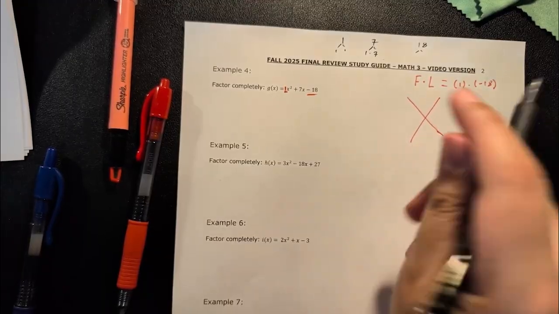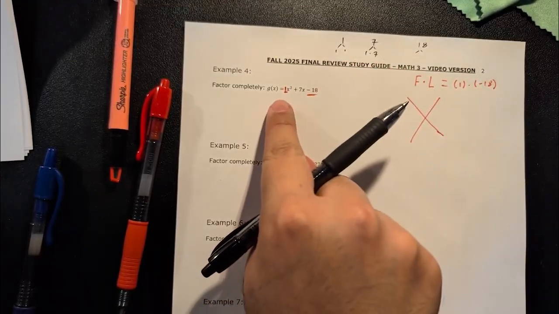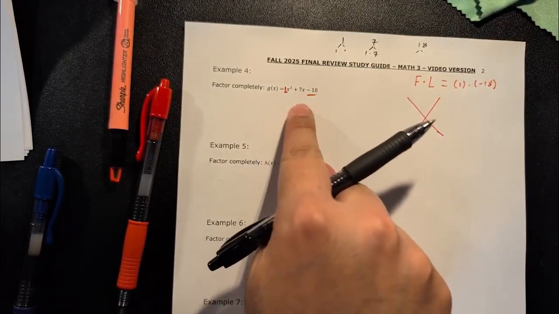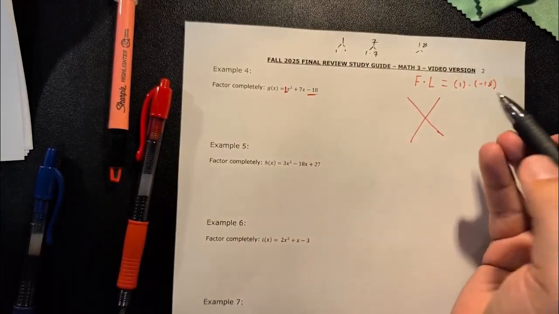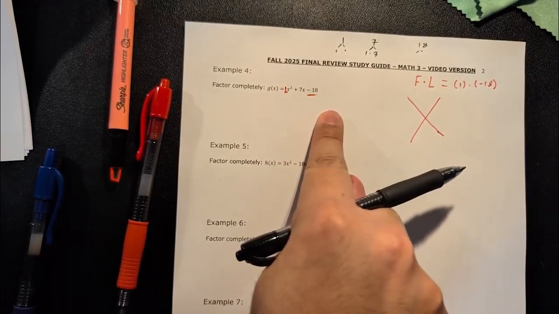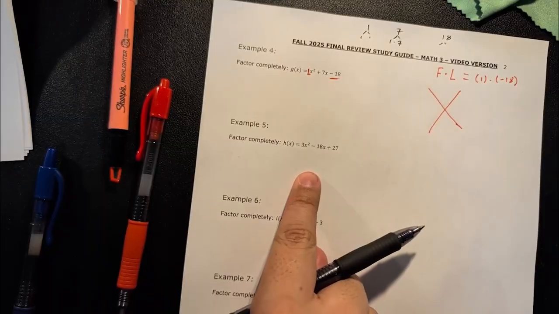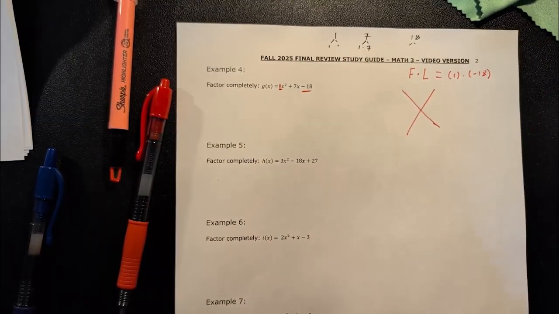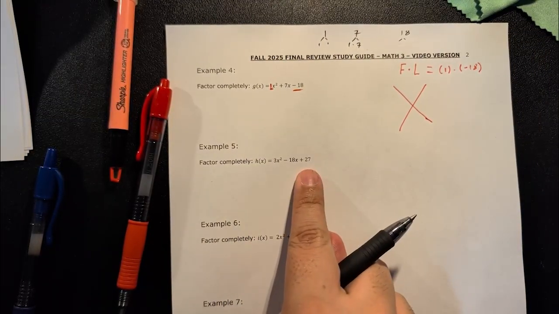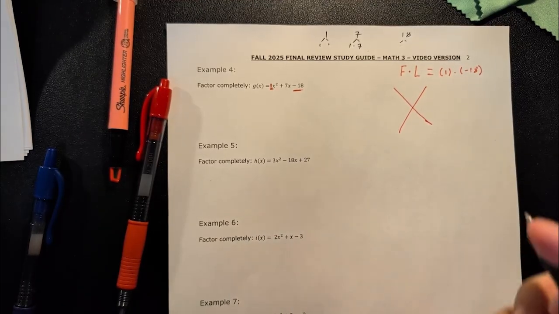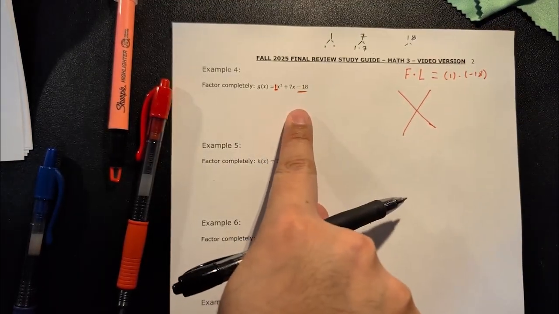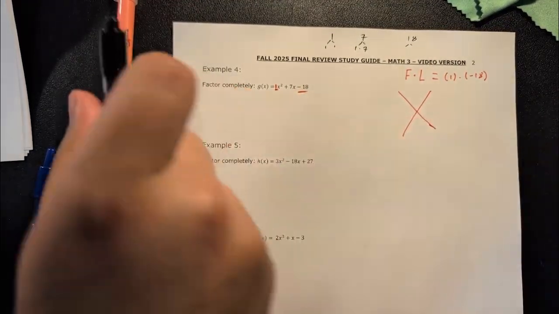So we cannot take out a GCF, so we can continue. If it did have a GCF, like number 5, then we could factor out the GCF and then factor. But here, we don't have a GCF, so we can continue.